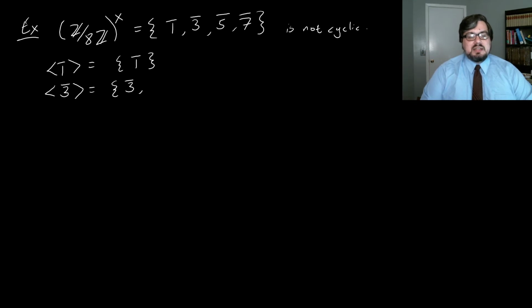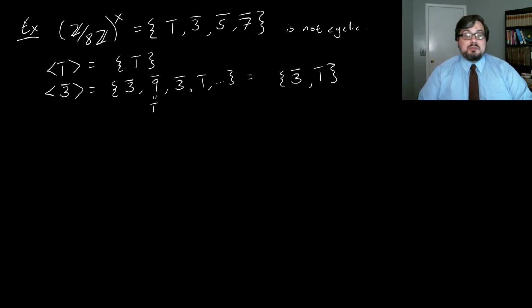Well, it's certainly going to contain 3, and then it's going to take 3 times 3, which is the equivalence class of 9, but the equivalence class of 9 is the same as the equivalence class of 1, and so multiplying by 3 again will just get us back to 3, then back to 1, and so forth and so on. So in fact, the cyclic subgroup generated by 3 bar just has 2 elements, 3 bar and 1 bar.